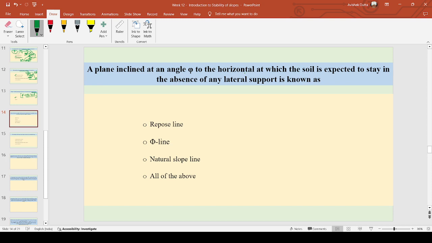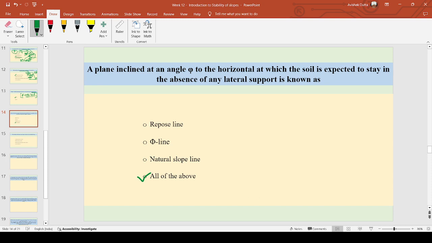It's also called a phi line because the angle of inclination is phi, and it's also called a natural slope line because that is a natural slope that can be considered as stable with the angle of inclination as phi. So, all three of these are correct, hence the answer is all of the above.